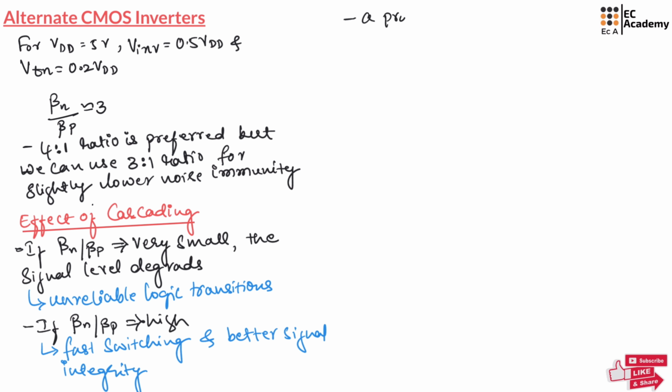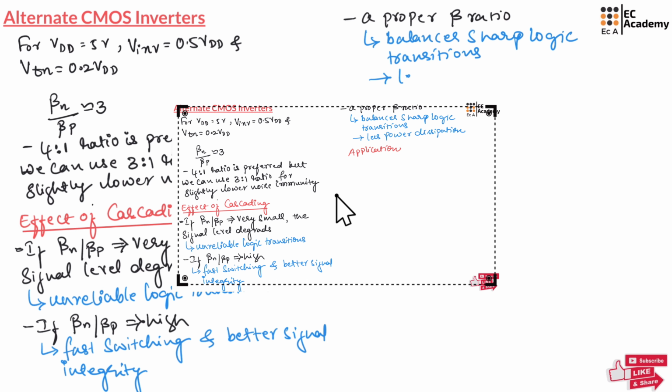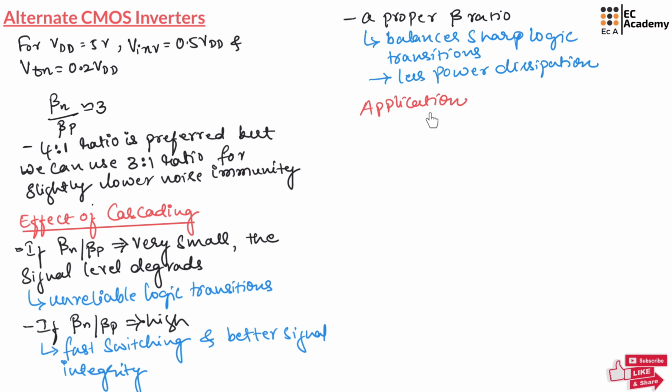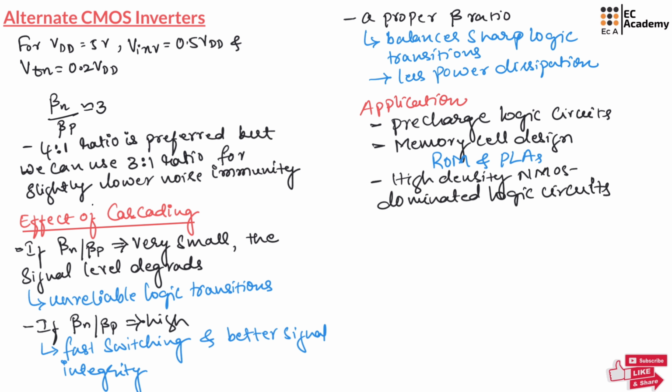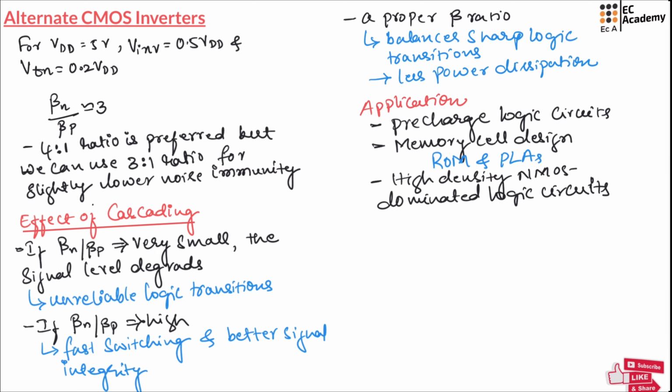A proper beta ratio balances sharp logic transitions with less power dissipation. Now let us understand the applications of Cascade Pseudo-nMOS Inverters. These inverters are used in pre-charge logic circuits. They are used in memory cell design like ROM and PLAs. They are used in high density NMOS dominated logic circuits.